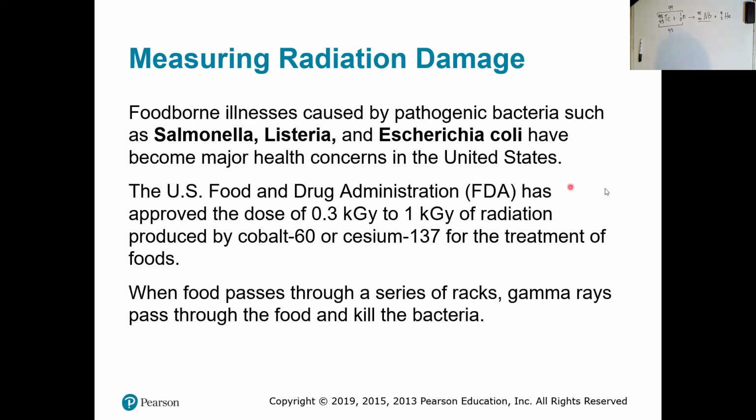Because people might say, well, I don't really want to be eating food that's exposed to any type of radiation. But on the other hand, you don't want to be eating food that has that kind of bacteria still present in it. So we work with less harmful degrees of radiation to help limit the amount of bacteria that we're exposed to.